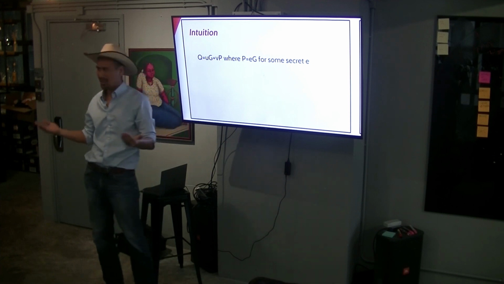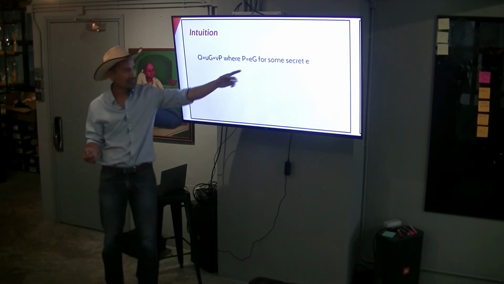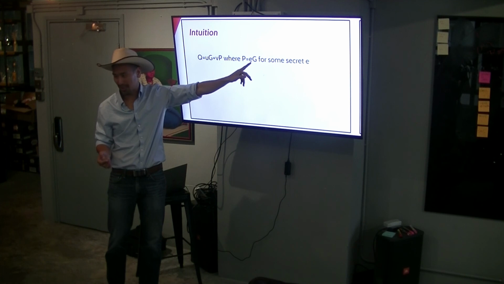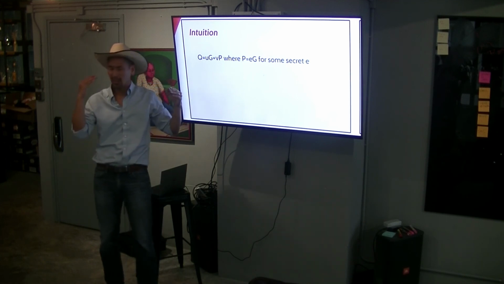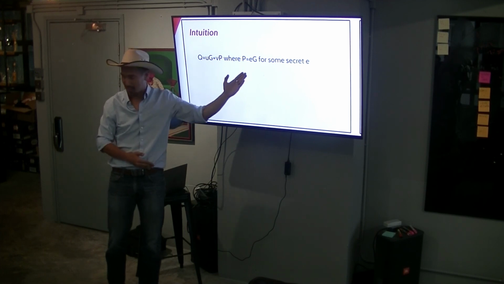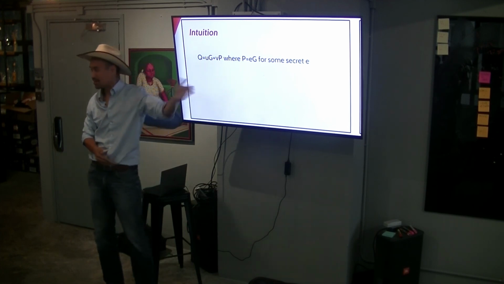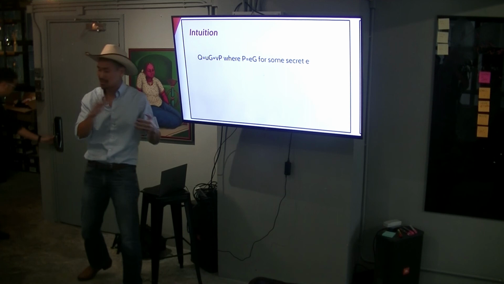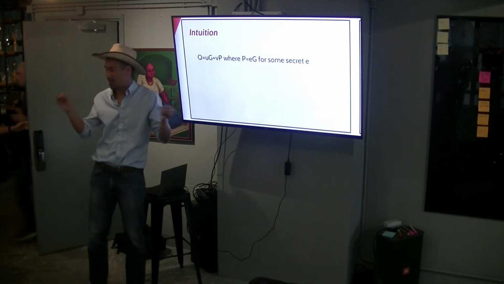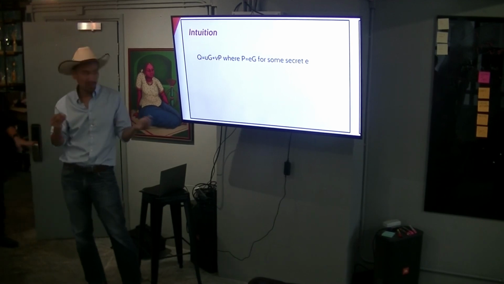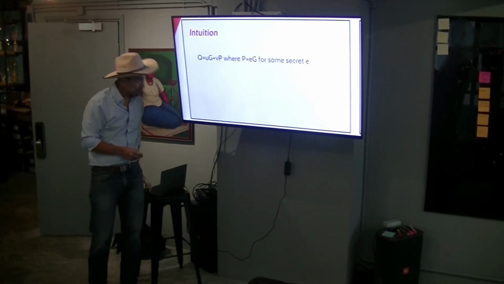The security of ECDSA comes from the fact that e is your private key and capital P is your public key. If you know e, you can compute P. But if you know P, you can't compute e. It's asymmetric in that way, and that's where the security of everything comes from.